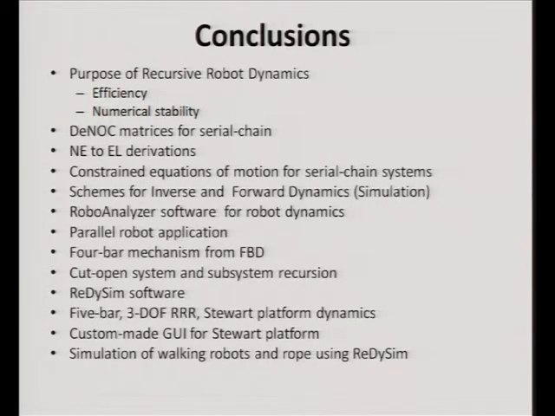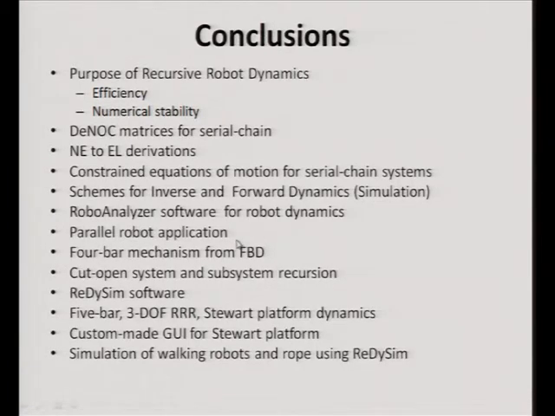Constraint equations of motion for serial chain system, that is how I have now formally put it. Schemes for inverse and forward dynamics, which also include the simulation. I mentioned to you simulation means forward dynamics, that means calculation of joint accelerations followed by the integrations, which together we call simulation. RoboAnalyzer software for robot dynamics I have demonstrated to you.